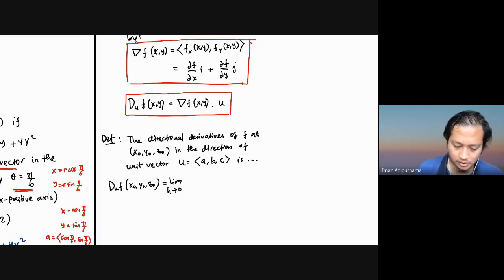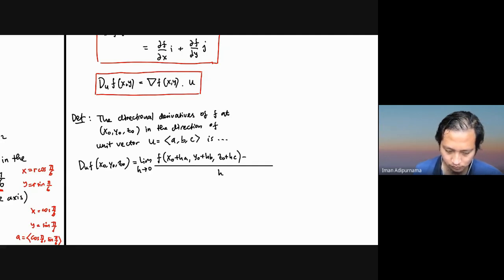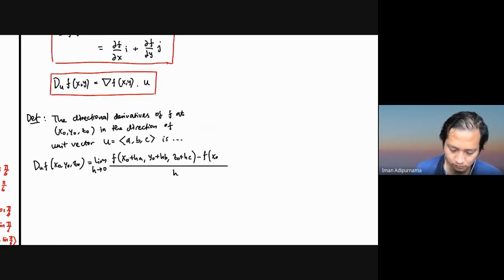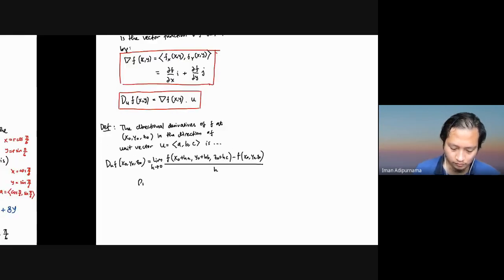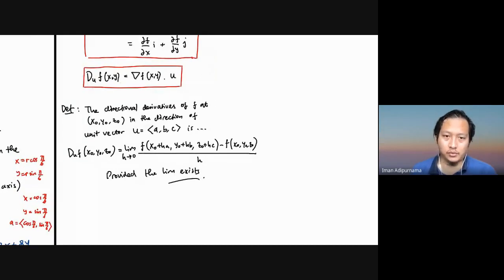This is basically similar, but you need to add one more variable and make it 3 variables, provided the limit exists. So basically the same thing, but you need to add x, y, and z.